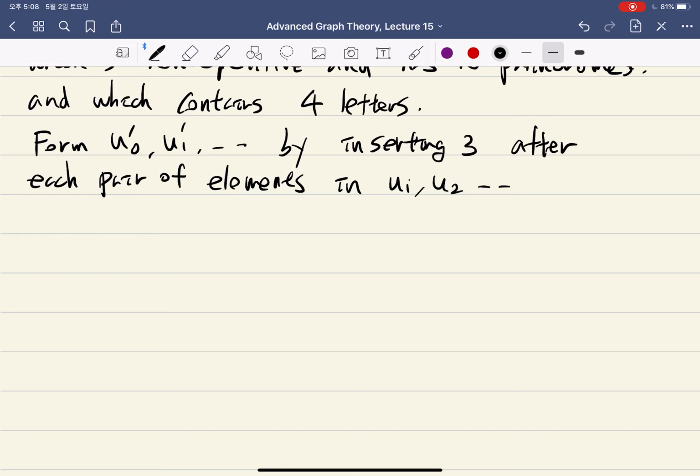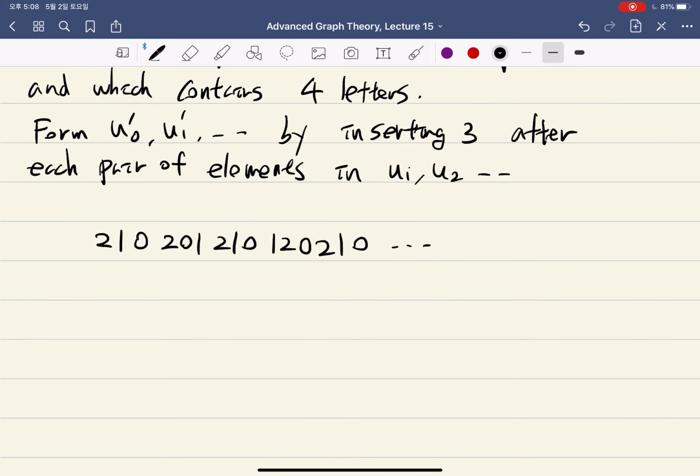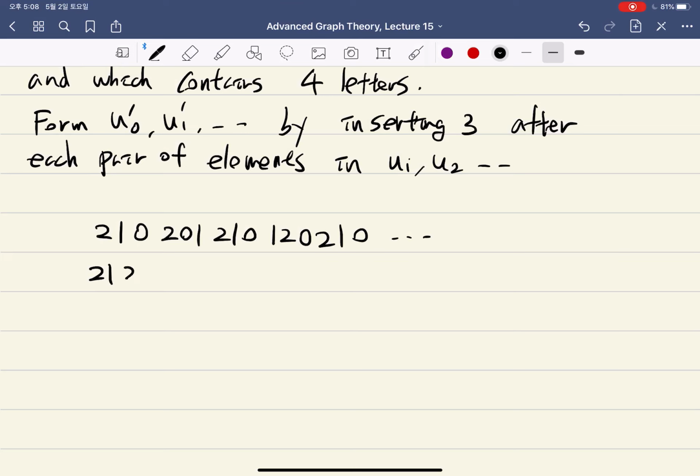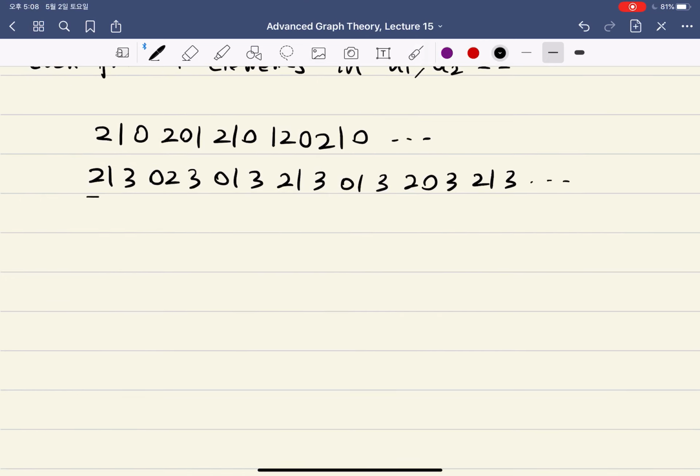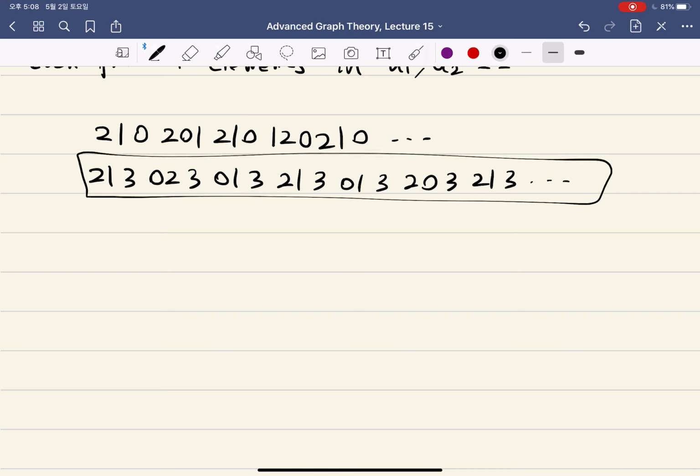The original sequence was this 2 1 0 2 0 1 2 1 0 1 2 0 2 1 0 and so on. Now what we do is 2 1 3 0 2 3 0 1 3 2 1 3 0 1 3 2 0 3 2 1 3 and so on. Then you can easily check that this also contains no repetition and no palindrome.